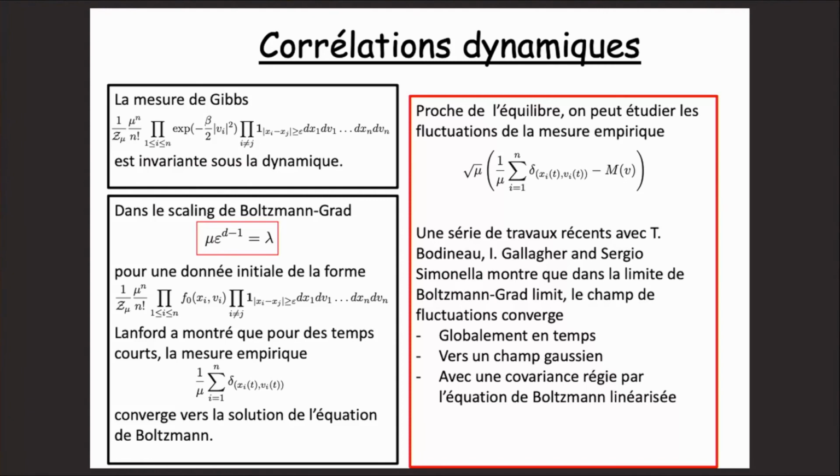Then you have what is called the Gibbs measure or Boltzmann-Gibbs measure, which tells you that you take the exponential of minus beta over 2 times the total energy, which is just the sum of the squared velocities. Each time you have a collision, since the energy is preserved, this will be invariant by the dynamics. Of course, this one is also invariant.